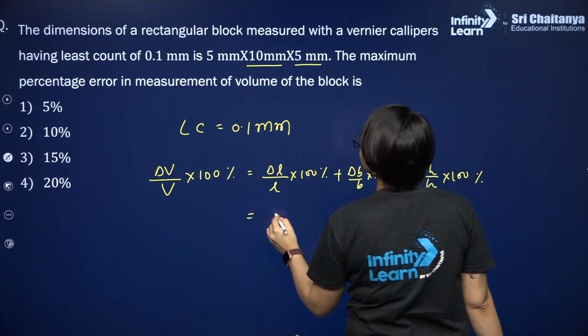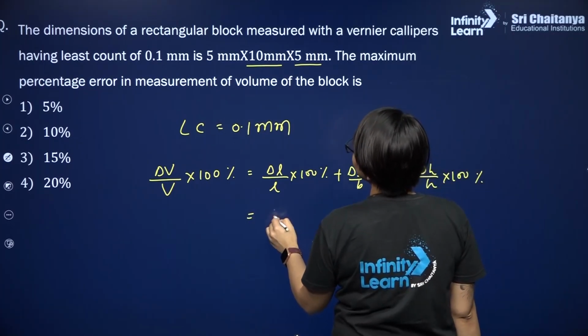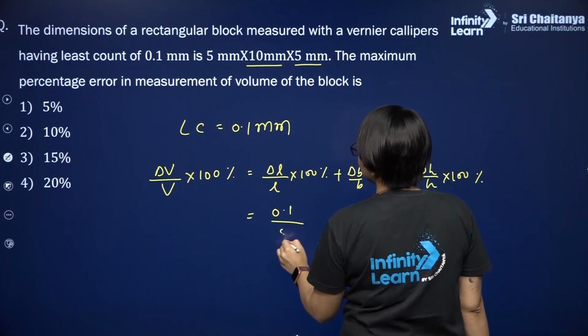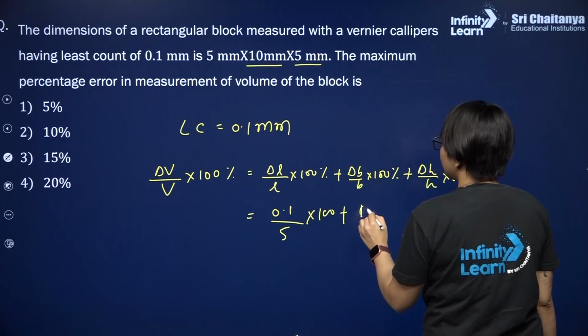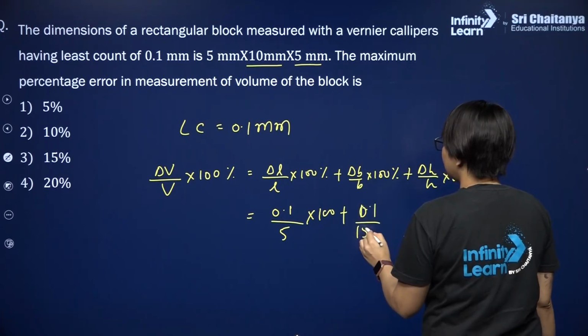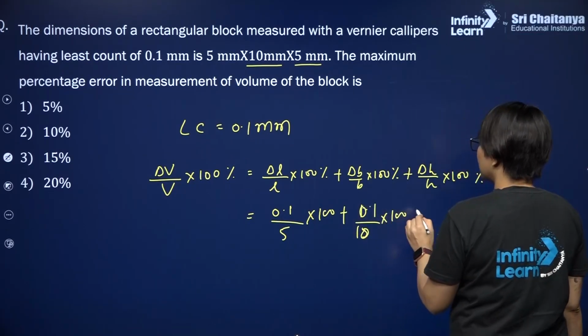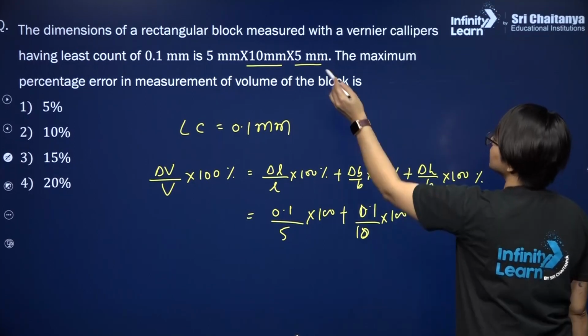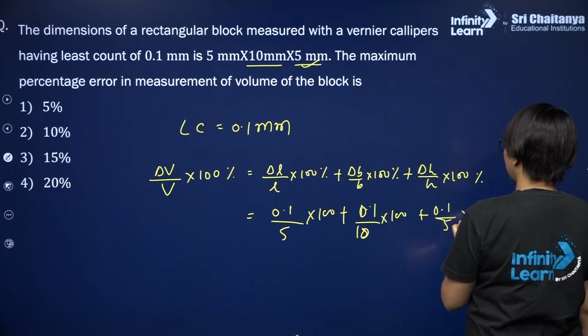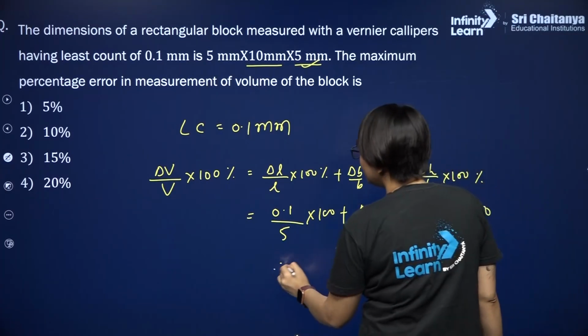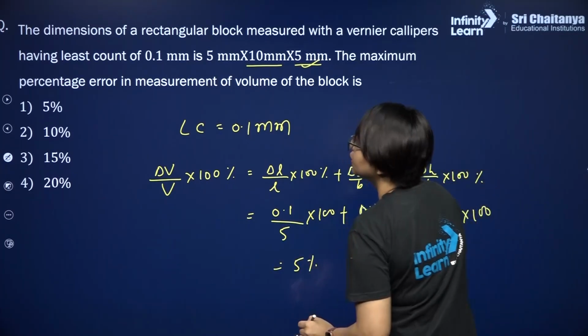Right, so over here delta L is 0.1 millimeter, L is 5 into 100, plus 0.1 divided by 10 into 100%, plus delta H is 0.1 divided by H is 5 into 100, right. So, this will give you 5%.